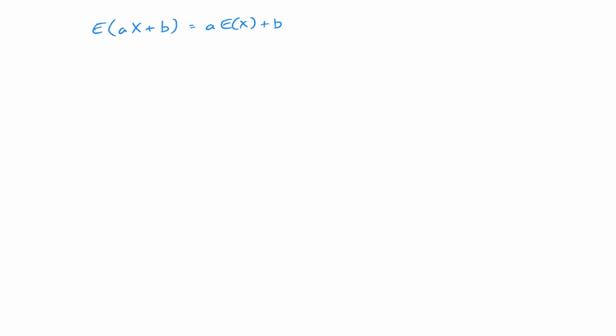And for the variance, it's a little bit different, and this is because variance isn't affected by when you add or subtract a value to it. So for the variance, it's a squared variance of X. Okay, it's squared.